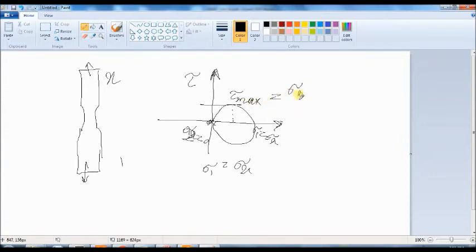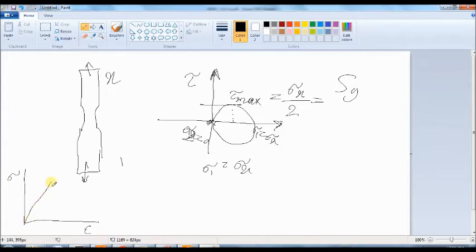so sigma x divided by 2. This sigma x at the yielding point is Sy, right? If we pull this sample until we reach the yielding point, that means, for example, I draw this stress-strain diagram.